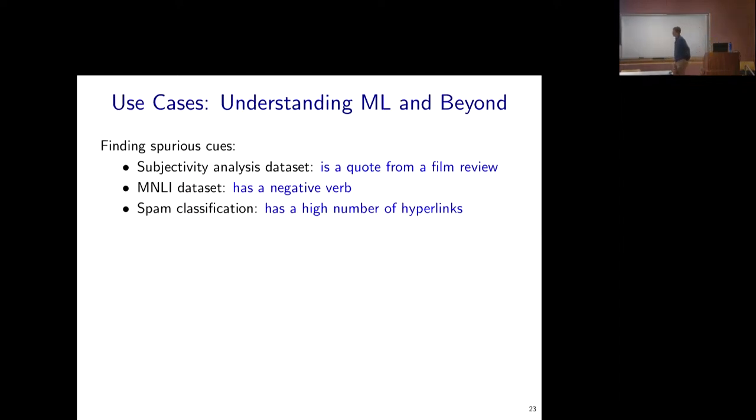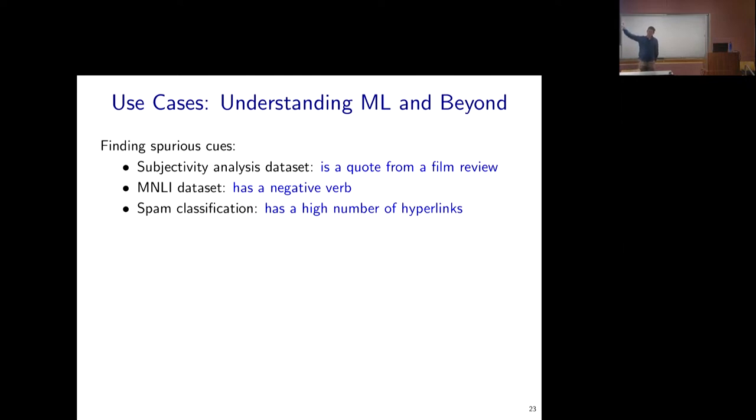Okay, so just to go over a few use cases of this. The first one is you can find spurious cues in data sets. There's this data set on subjectivity analysis, so basically determining if a statement is subjective or objective. If you ask it what's the difference between the subjective and objective class, it says the subjective class is a quote from a film review.